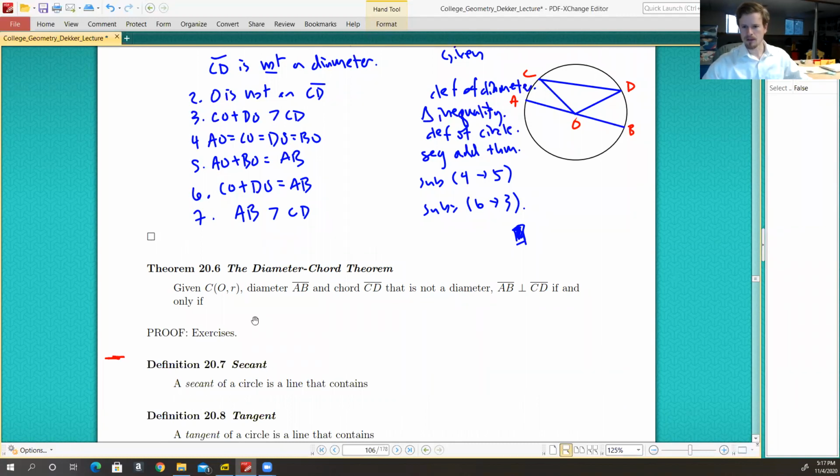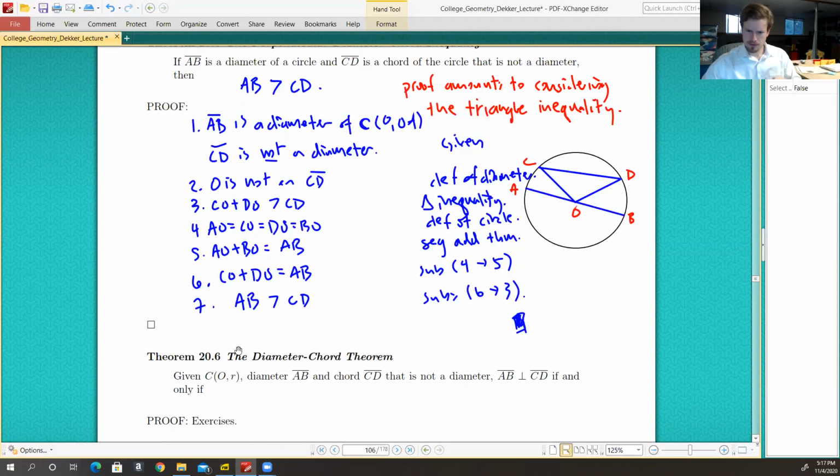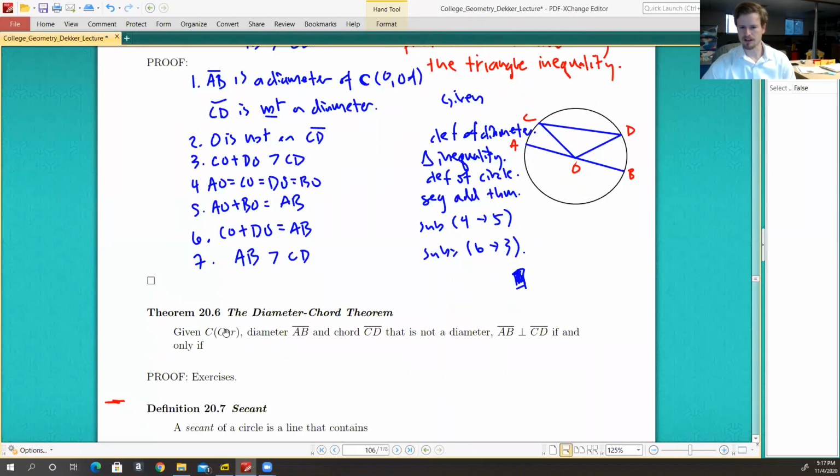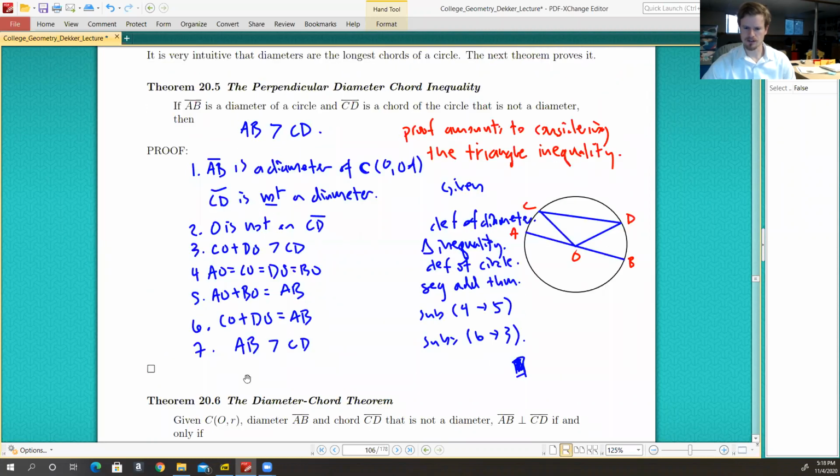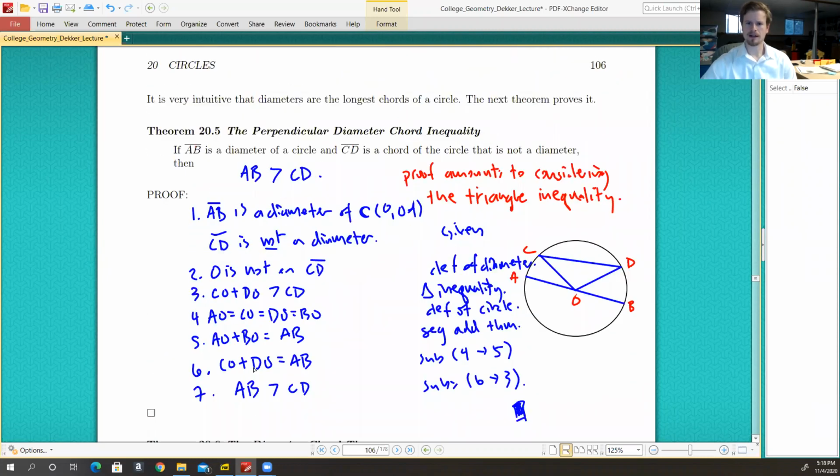All right. Now, in regard to theorem 20.6, I'm remembering that there's a correction on the names of this theorem and the previous. The one we just looked at and 20.6. The word perpendicular, you'll notice there's nothing perpendicular in this theorem. If AB is a diameter and CD is a chord that's not the diameter, then AB is larger than CD.